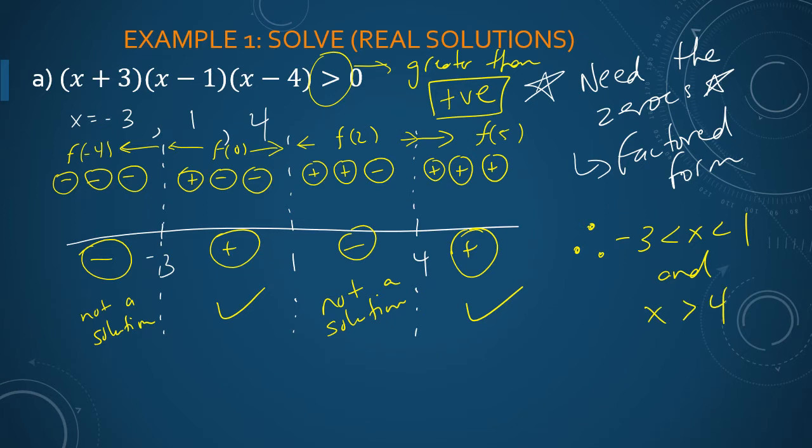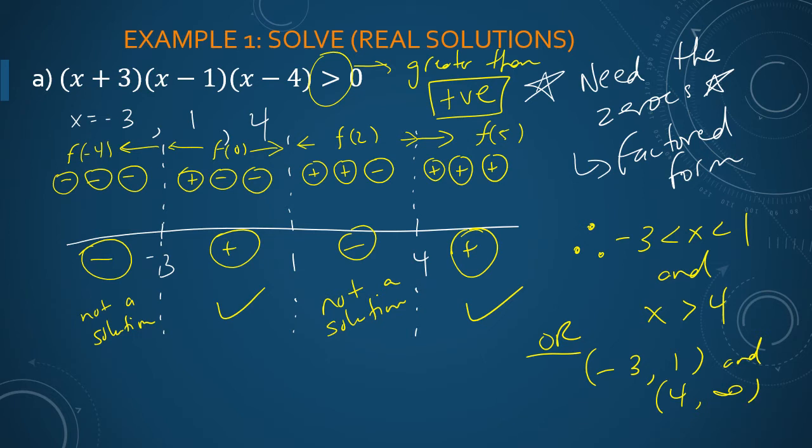That was our 2 check marks, the 2 solutions we were looking for. And remember, if you don't like that notation, you could write between -3 and 1 like this, with circular brackets. And from 4 to infinity, also with circular brackets, because they do not include the point. And there are our solutions.